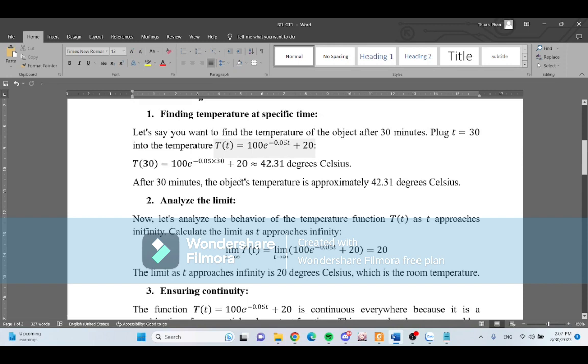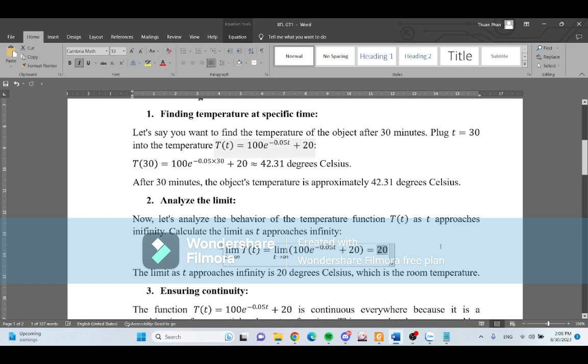Let's go to the next part, which is analyzing the limit. The concept of limit is foundational in calculus and is especially pertinent here. By examining the temperature function T(t) as t approaches infinity, you are essentially studying the behavior of the cooling process in the long term. The limit as t approaches infinity of T(t) is calculated over here, and we find that it is equal to 20.